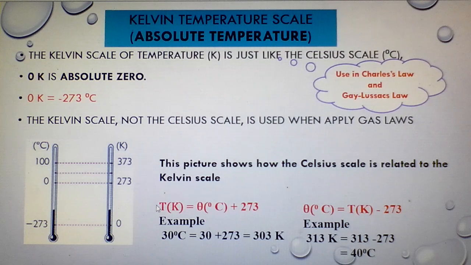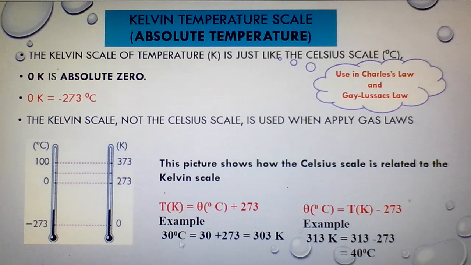Thus, we have a formula. When you want to convert a temperature in degrees Celsius to Kelvin, you just add 273. To convert from Kelvin to degrees Celsius, you just subtract 273.